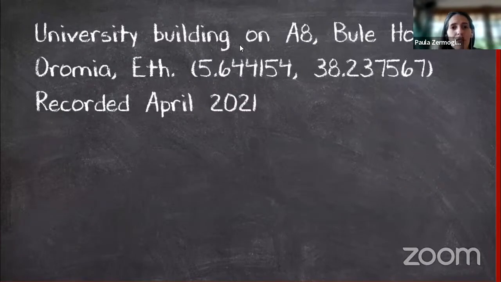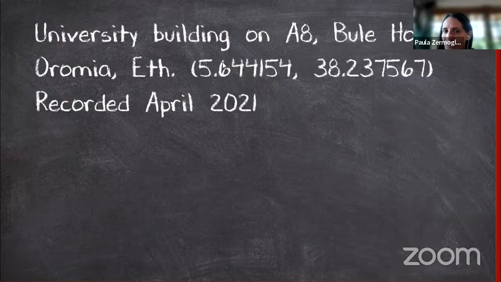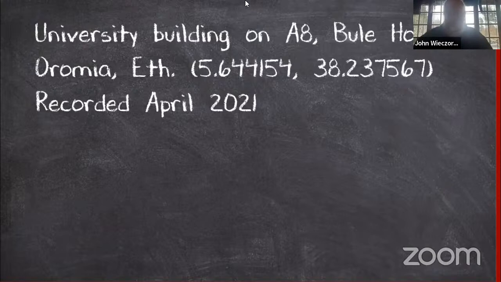I cannot see if you're typing on the chat. I cannot see who's typing, so I cannot know if you're trying to answer or not. There was one nice answer that appeared in the chat and then disappeared. I don't know how that happened.